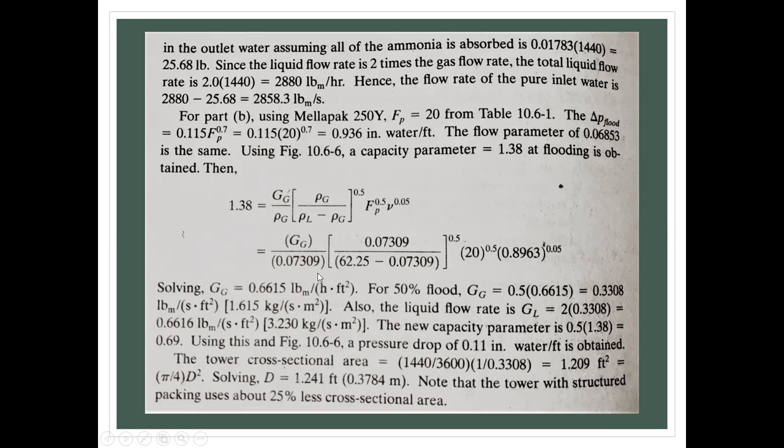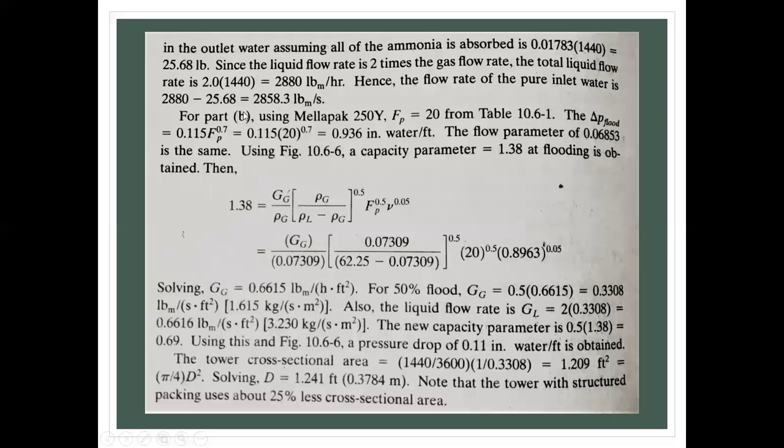The ratio mentioned here, the liquid over gas, is the ratio of the liquid that left the column to the gas that entered. The gas that entered is 1,440.